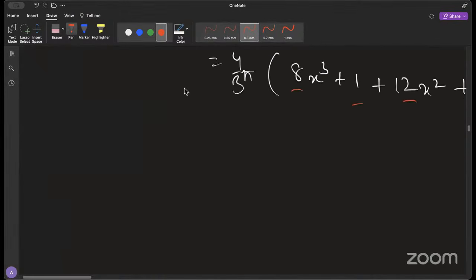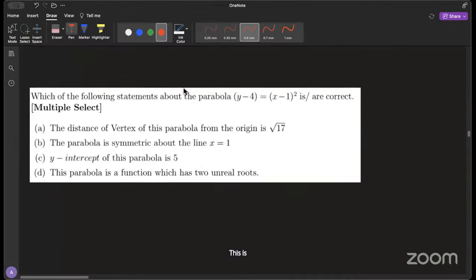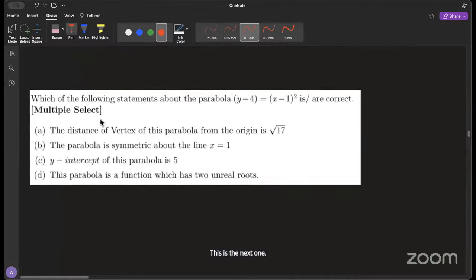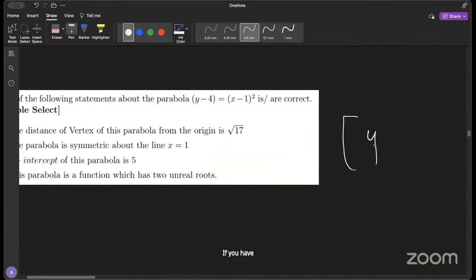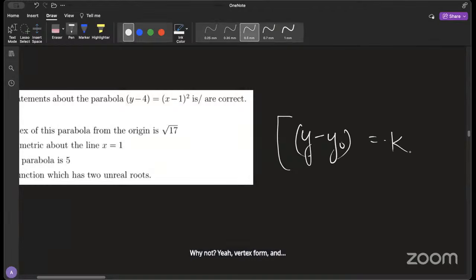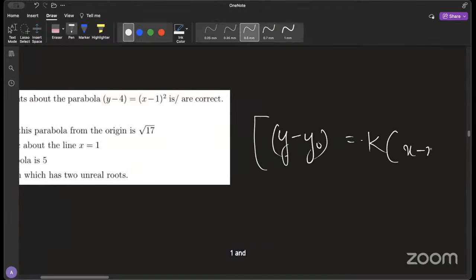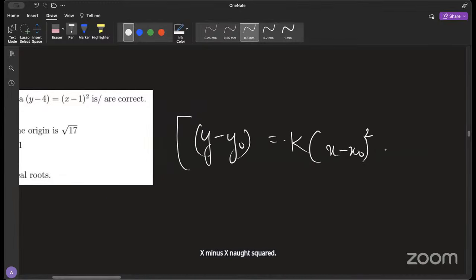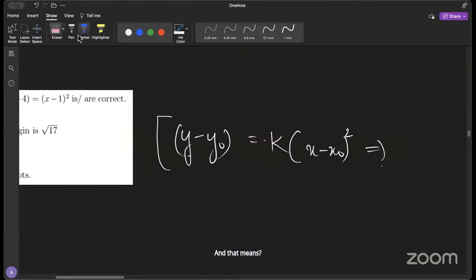Can we move to the next question? This is the next one. If this form is given to you, it is the vertex form, y minus y naught equals a times (x minus x naught) square, and that means your vertex is x naught comma y naught.